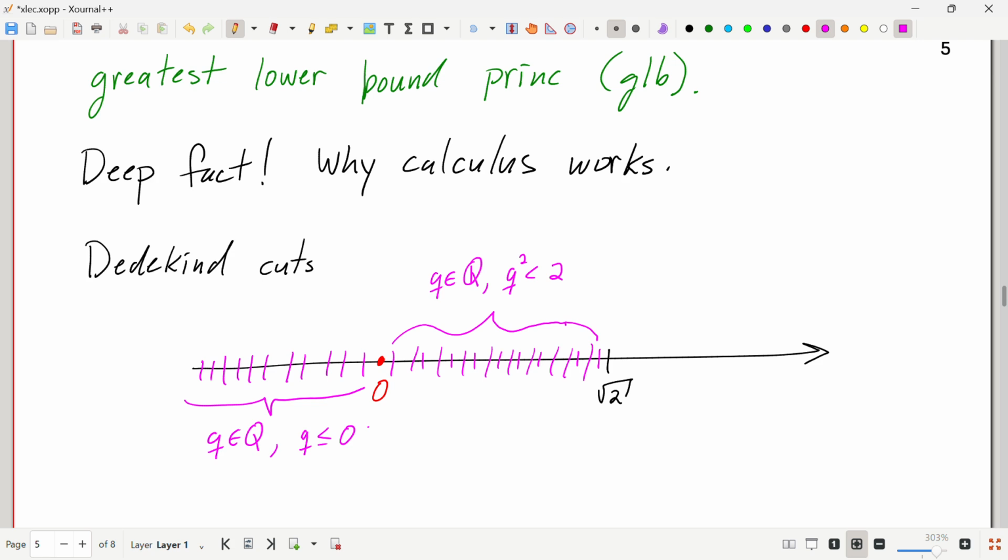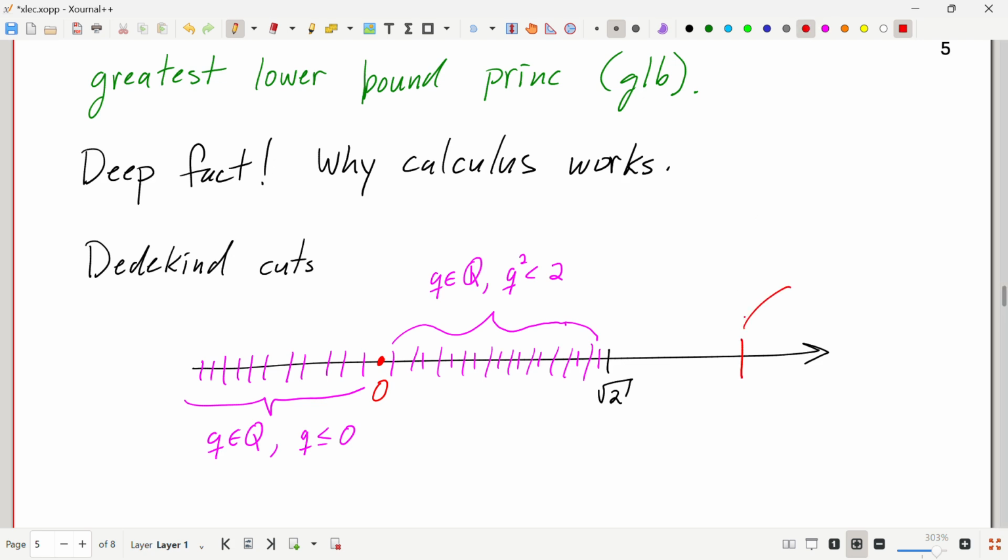That partitions the rational numbers into a left side and a right-hand side. And Dedekind called that, well, he didn't call it a Dedekind cut. He called it a Schnitt. And he defined that to be the square root of 2. All right? Square root of 2 is the least upper bound of that set. There's lots of upper bounds.